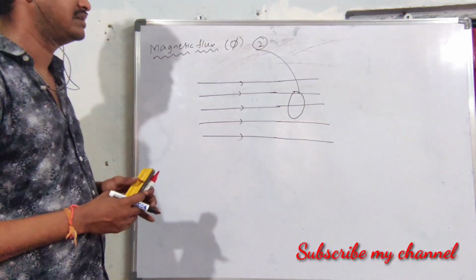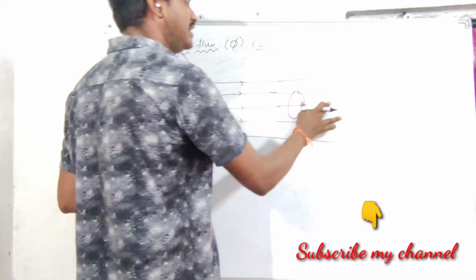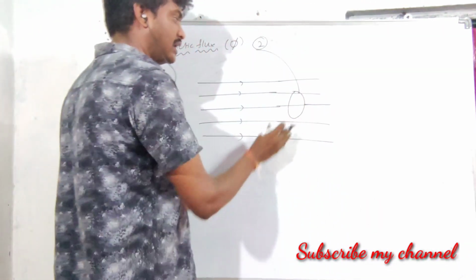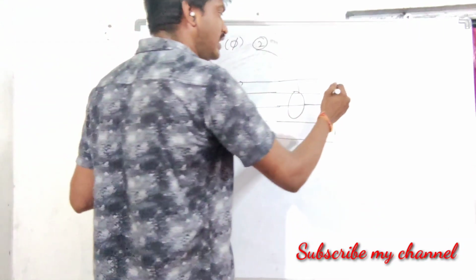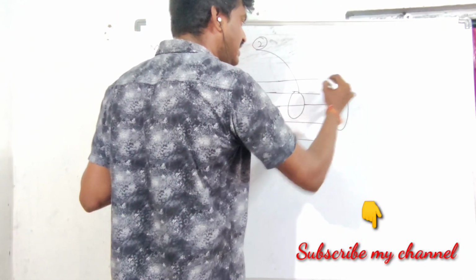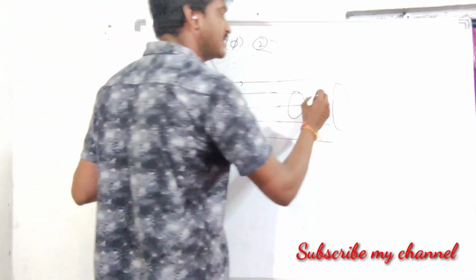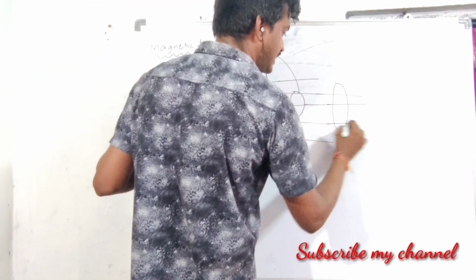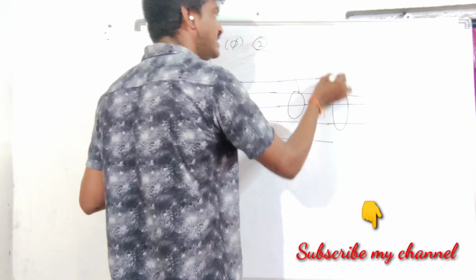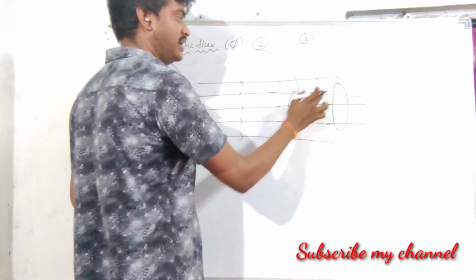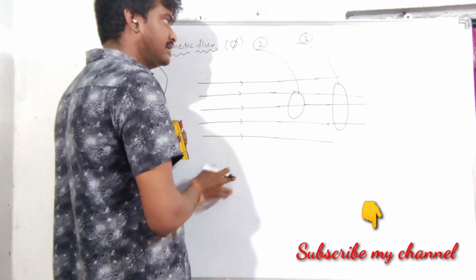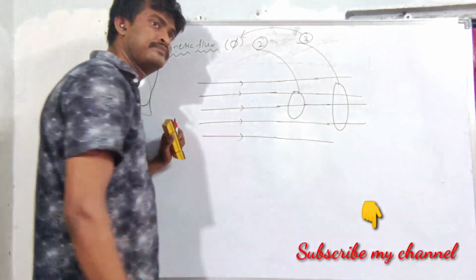Now I am increasing the area. This small area I was taking, now I increase the area or surface. How many field lines are passing now? The number of field lines passing through the given area is 3: 1, 2, 3. This is magnetic flux.